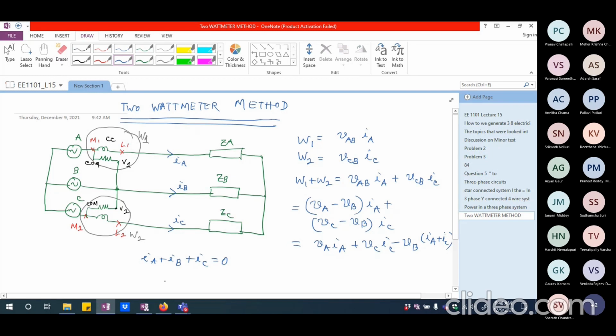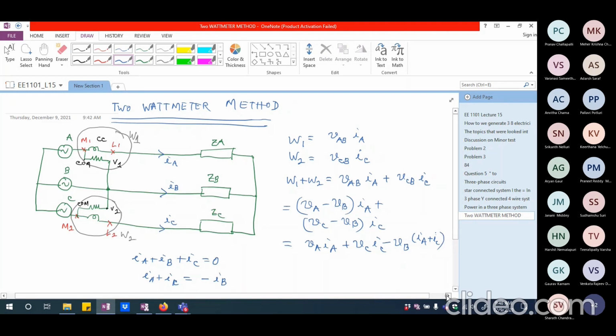So I can say IA plus IC equal to minus IB. Whether I like it or not, this has to be valid. There is no other way. So I can write this as equal to VAIA plus VCIC, and IA plus IC is minus IB. So I can write this as VBIB.